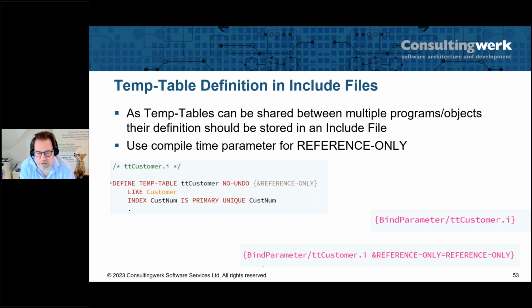And what we do is have the reference only as an argument to the include file, so that we could have an include file, ttcustomer.i, that defines the temp table without the reference only option. And if we want to pass a reference only, then we use the named reference only parameter, saying reference only equals reference only.